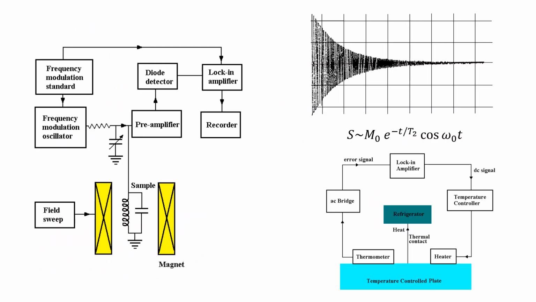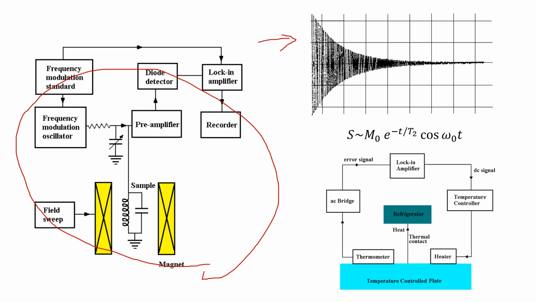This is a schematic figure for the measurement for the nuclear magnetic thermometer, and this figure shows the FID signal.